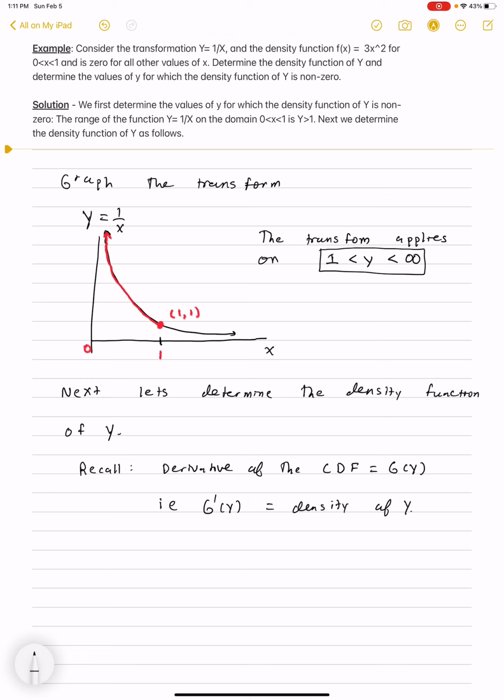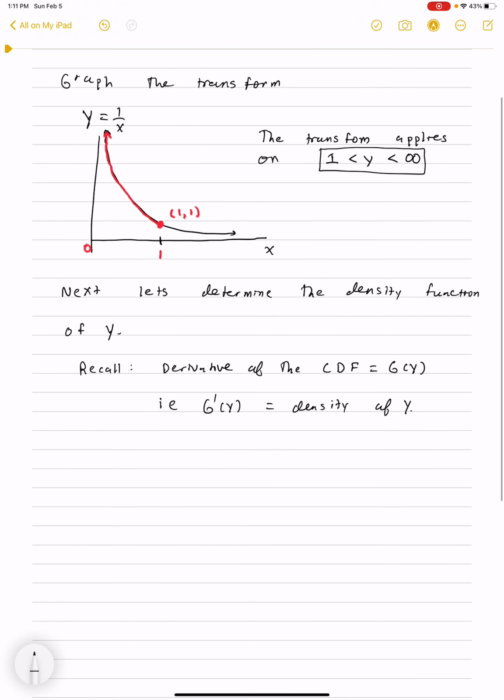I'm going to start by determining the CDF of y. So start with CDF of y, that's equal to g of y, and that by definition is the probability y is less than or equal to little y.